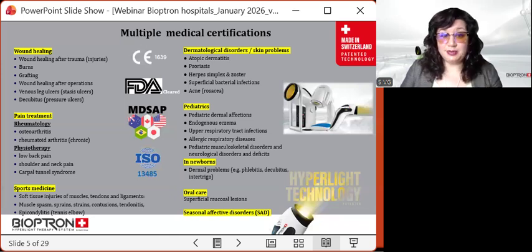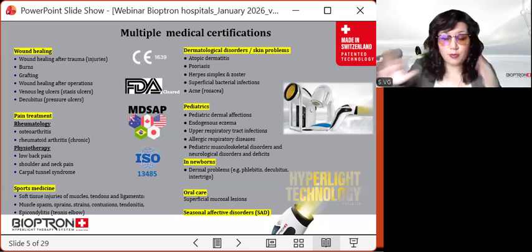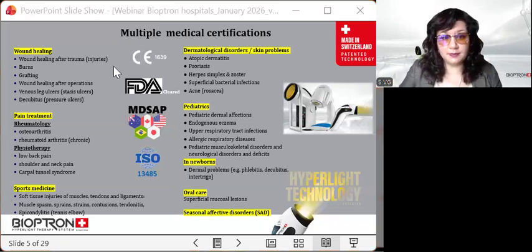Another tip that I give you is that you need to explain to these healthcare professionals that Bioptron devices are medically certified. In Europe, of course, we have the CE mark, which shows that we are compliant with European regulation.